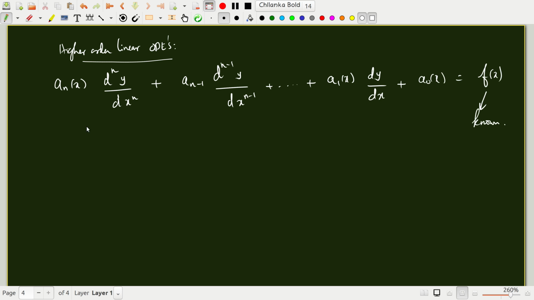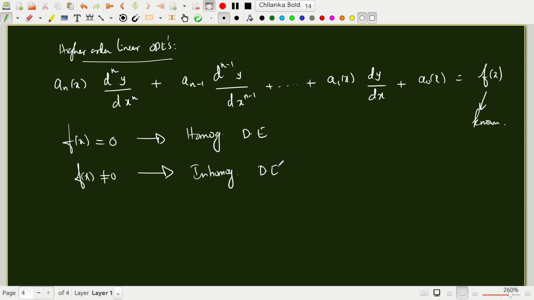Like in linear systems of equations, if f(x) is 0, this is called a homogeneous differential equation. If f(x) is non-zero, this is called an inhomogeneous differential equation.